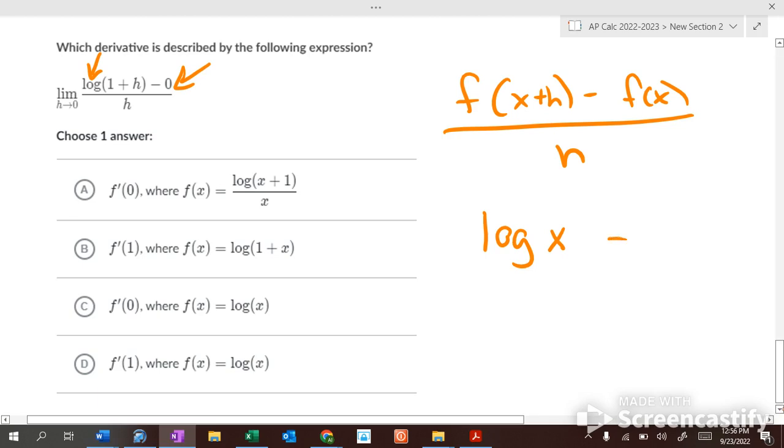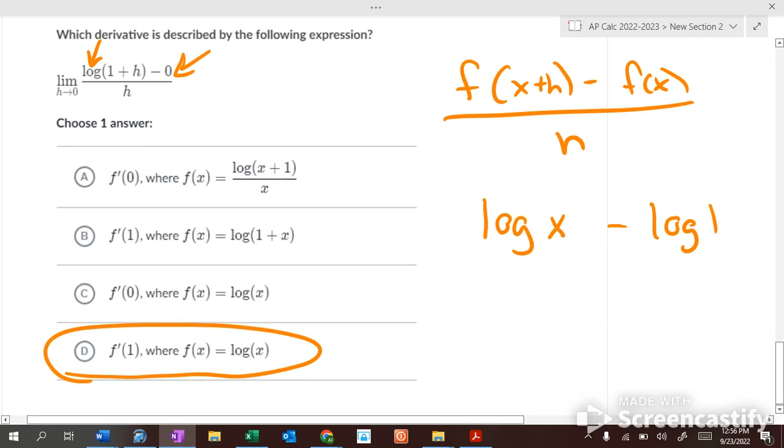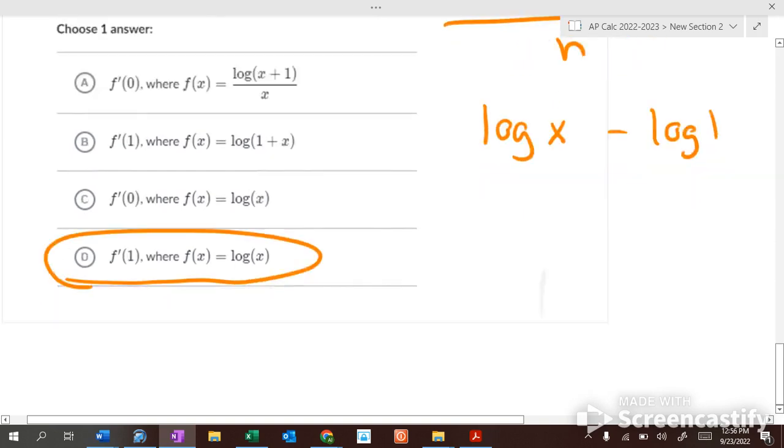So it's a log of x minus the log of 1, basically, is what's going on there. So it's a logarithm where we're finding it at 1. And h is how far you're away from something.